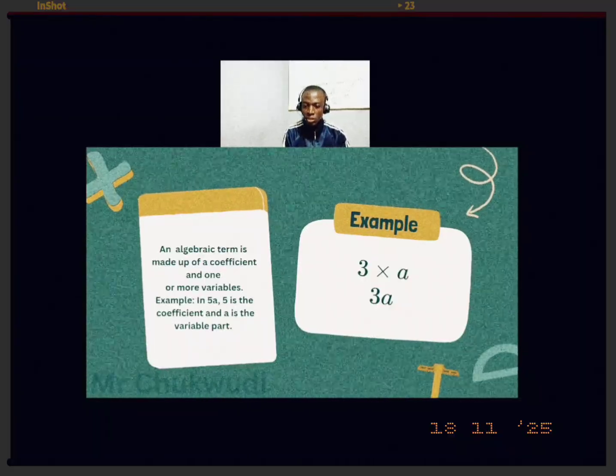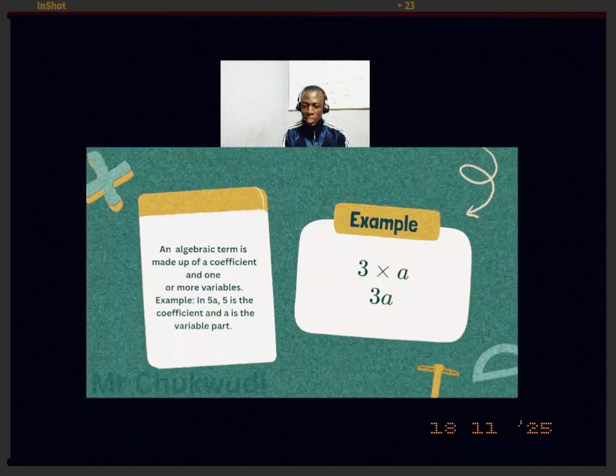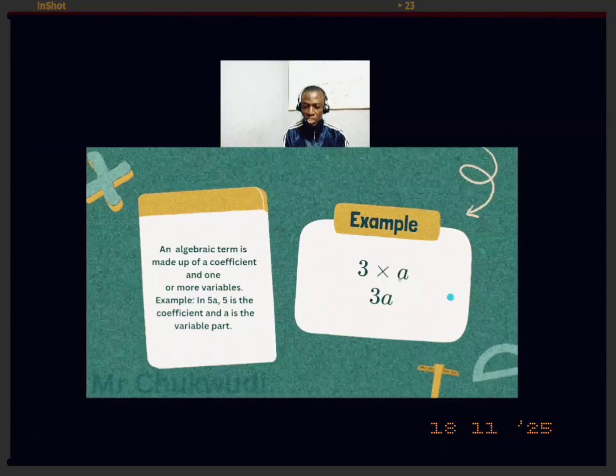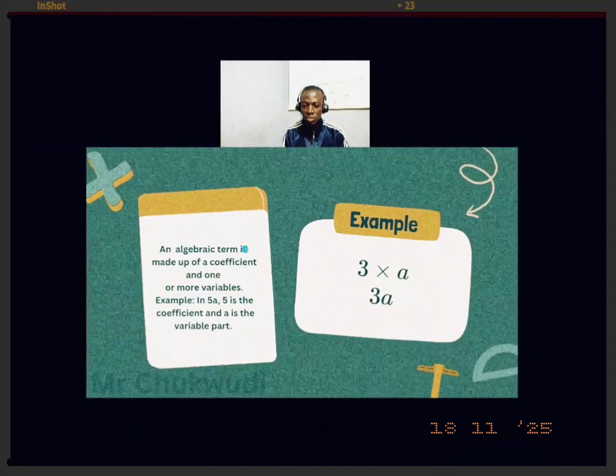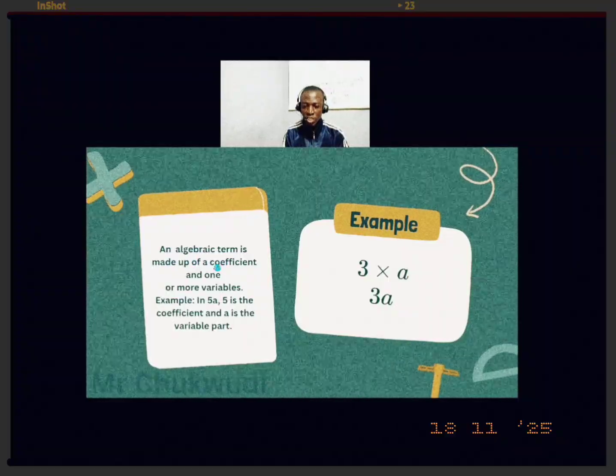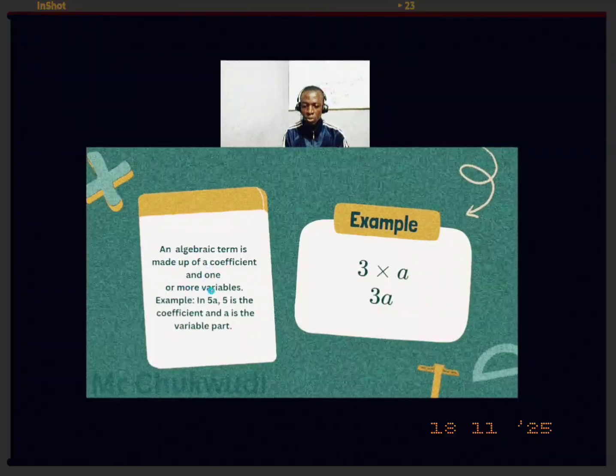Now, what is an algebraic term? An algebraic term is made up of a coefficient and one or more variables.